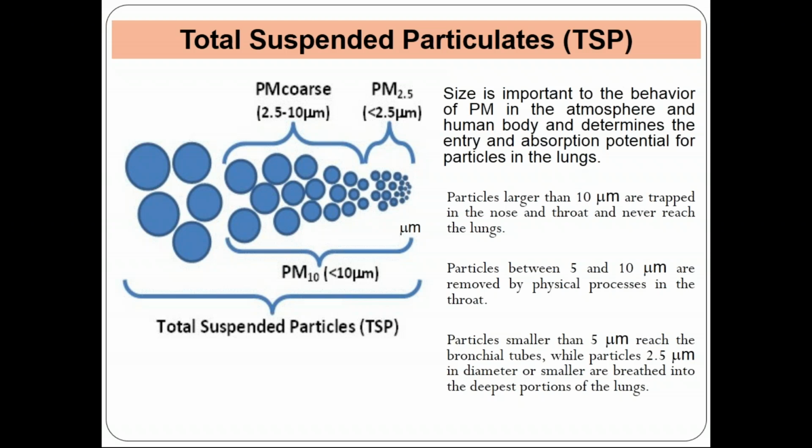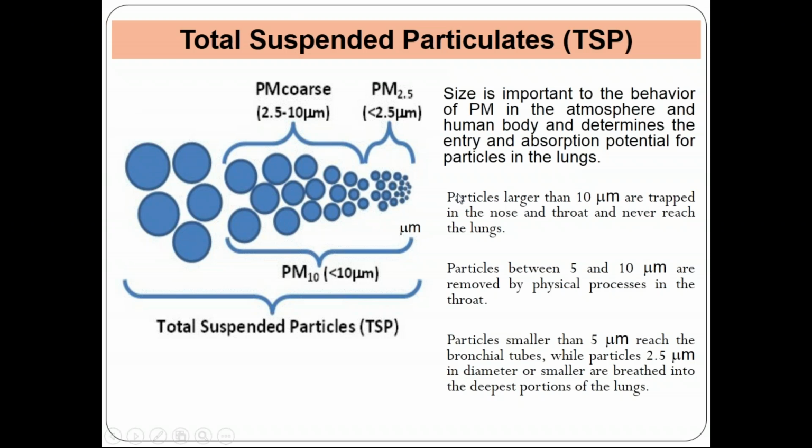Size is important to the behavior of particulate matter in the atmosphere, because smaller particles can travel a greater distance from the source. Particles between 5 and 10 micrometers are removed by physical processes in the throat. Here you can see the size comparison.